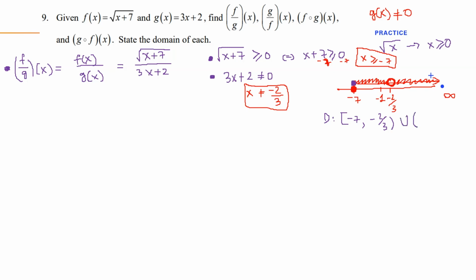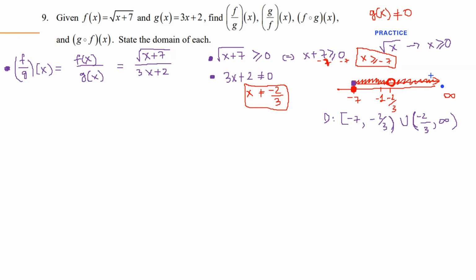We union with negative 2 over 3 to positive infinity. We use parentheses at negative 2 over 3 because it is not included in our domain, since with that value the function f divided by g of x will be undefined.